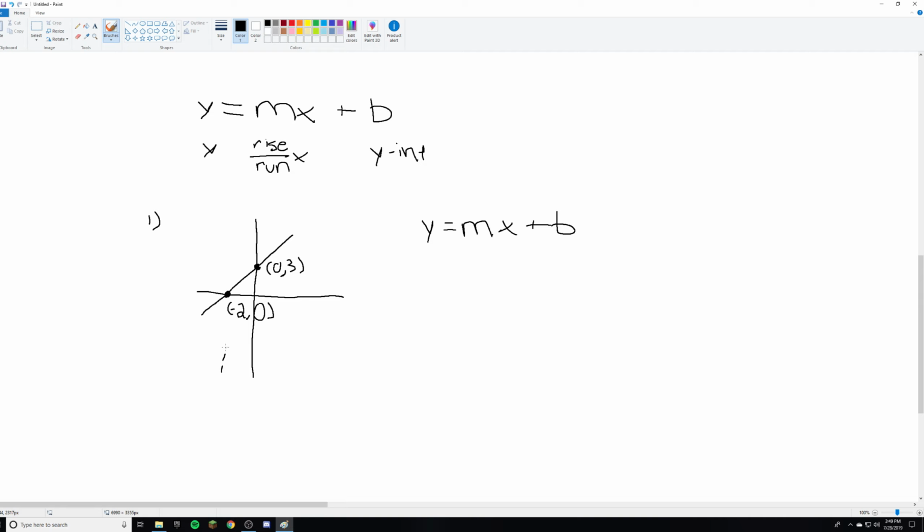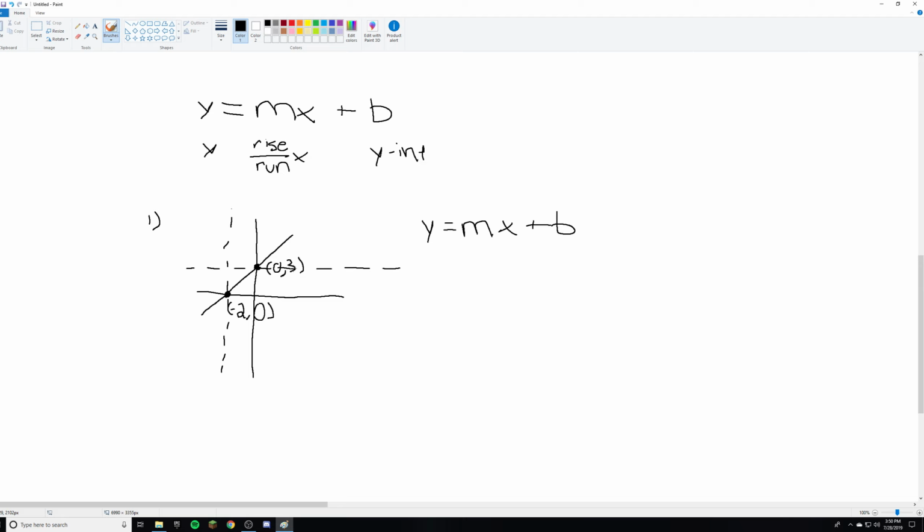I'm going to try and do a dotted line. We're going to figure out how far it takes for this y coordinate to go to here and then the x coordinate to go to here.